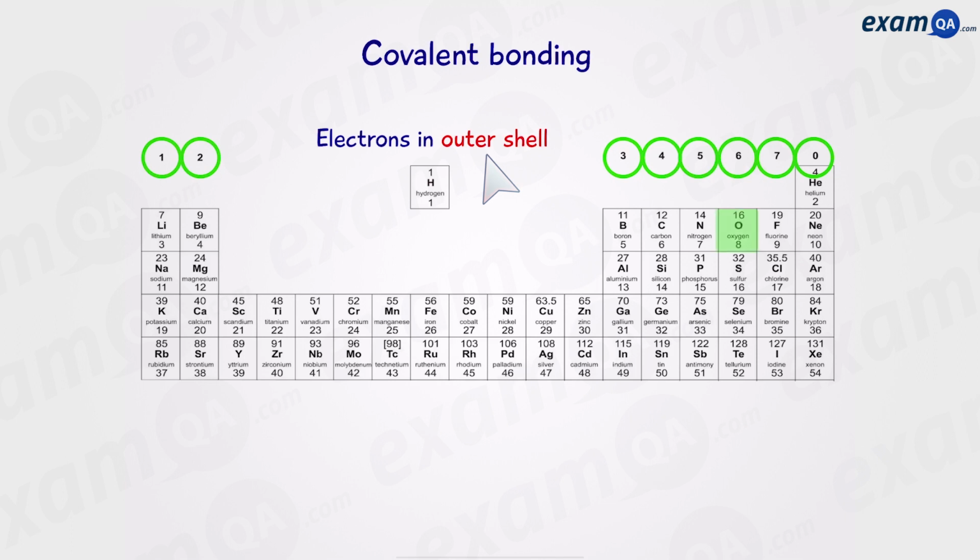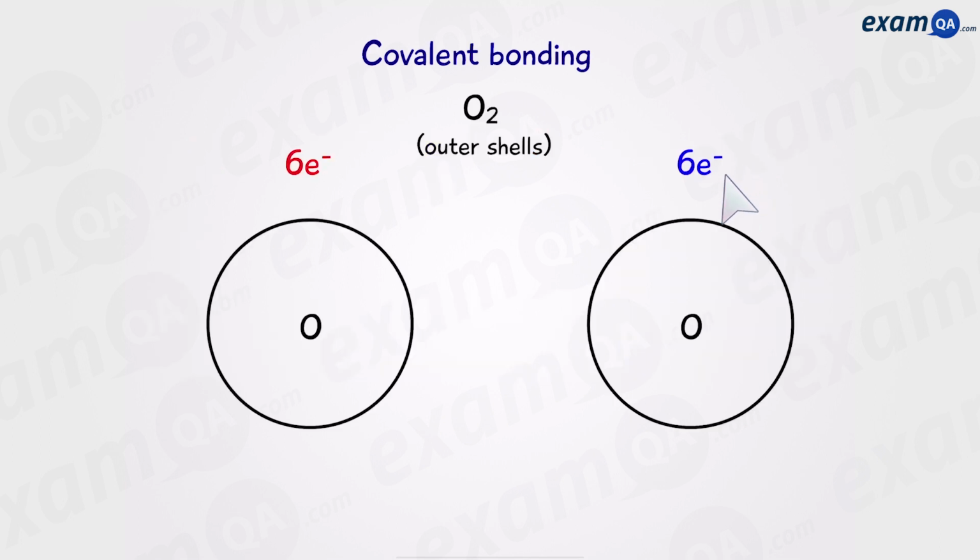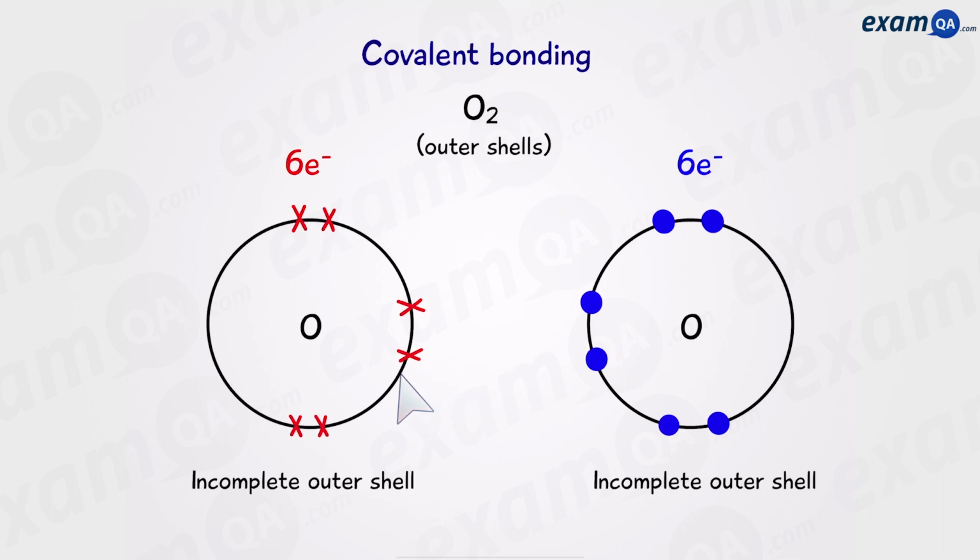For example, oxygen is in group 6. That means it's going to have 6 electrons in its outer shell. So 6 here and 6 here. Again, notice that I've drawn them differently on purpose. So these atoms have an incomplete outer shell. They only have 6 electrons.